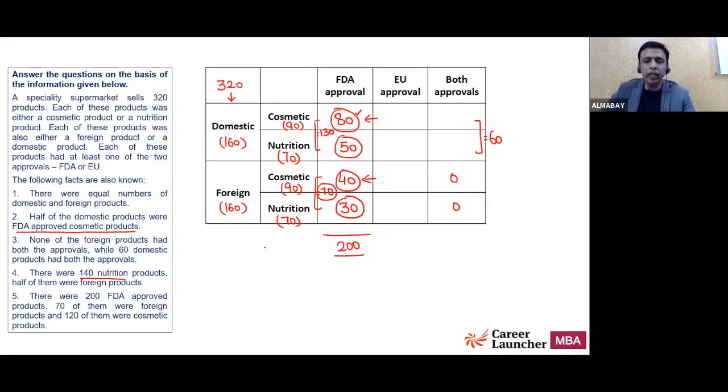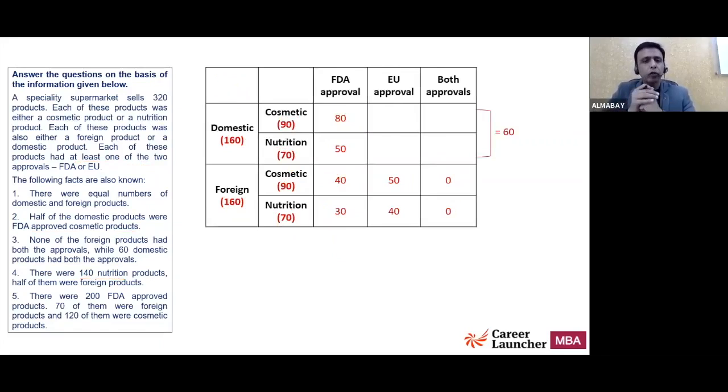Yes, one thing I could figure out here is both approvals क्योंकि 0 है, so out of 90 cosmetic, if there are 40 with FDA approval, there must be 50 with EU approval. 70 nutrition products में से 30 had FDA approval, so remaining 40 must have EU approval. None of the product in foreign category could have both the approval and must have at least one approval. This would also be available to us. So this is something that was initially available according to the given information. So this was the total net figures that we could figure out.